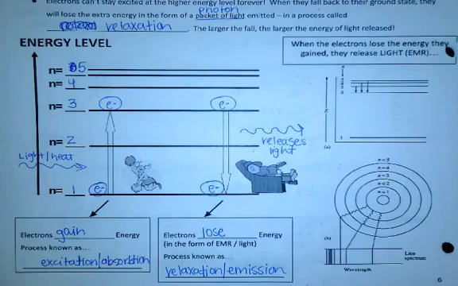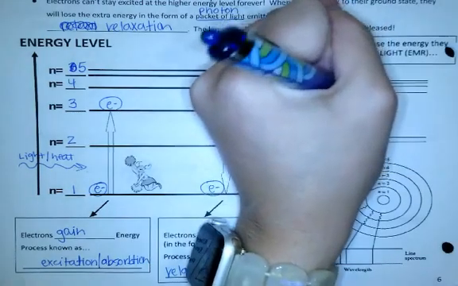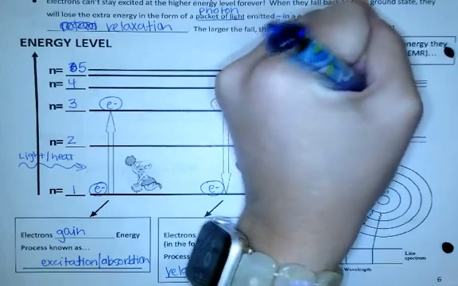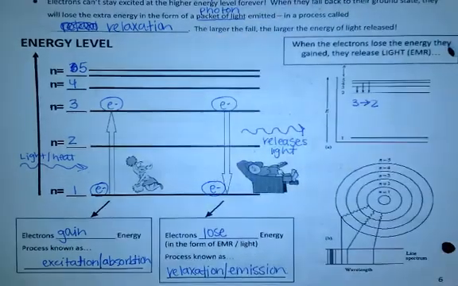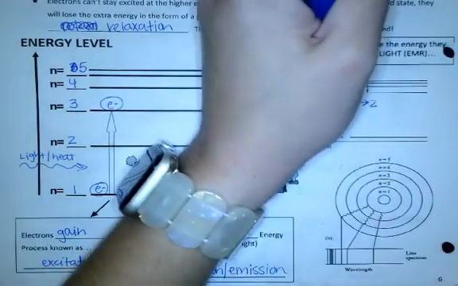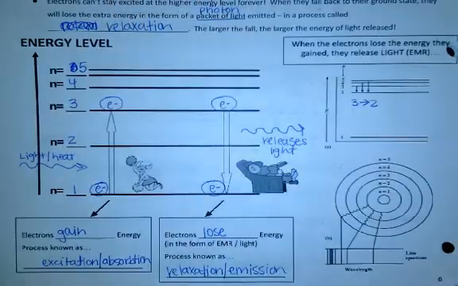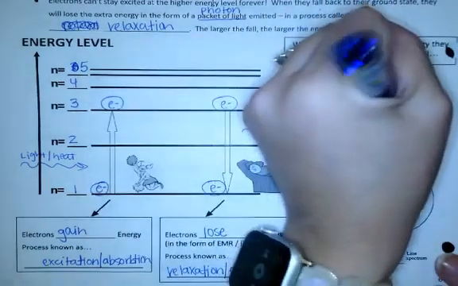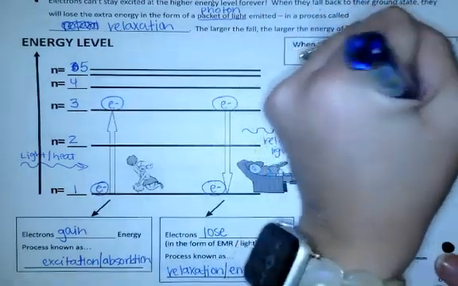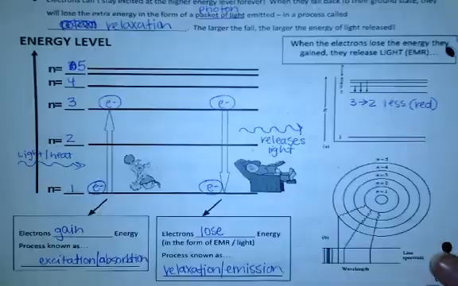Now, again, say you went from energy level 3 to 2. Say an electron was excited, it jumped from the second energy level to the third, and it's jumping back down from 3 to 2. That's not a lot of energy, okay? That's just one energy level difference. This will release less energy, which we may see in the form of a red light.